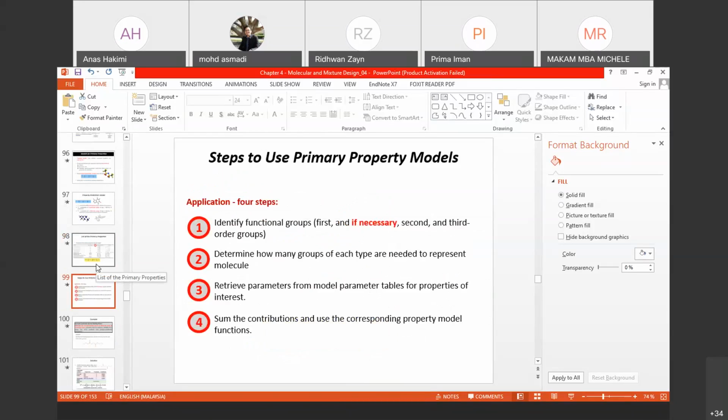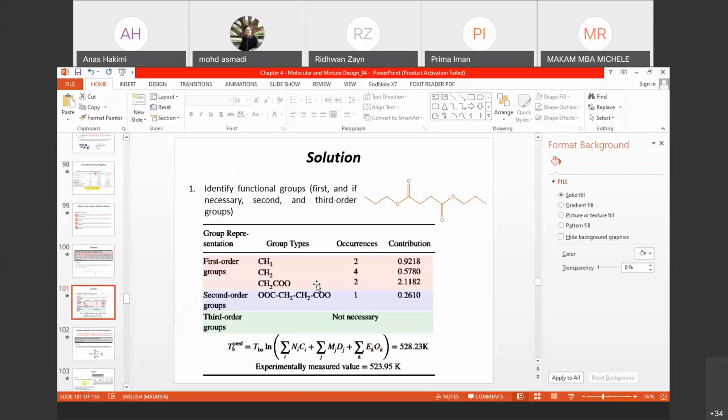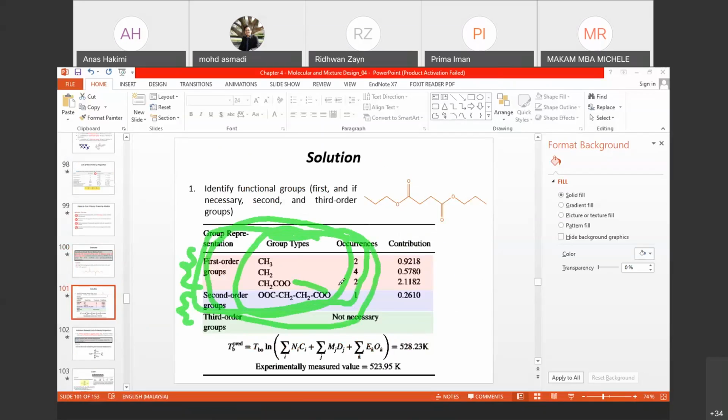For this example, the first order is enough. If the answer is too much different for the first order group, then you have to choose your equation until the second order group. So this is more accurate, like a Taylor series. That is much better.